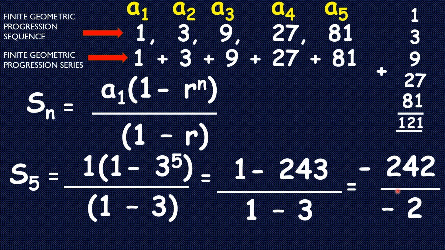So if you divide this, the negative here cancels the negative here. 2 into 2, you have 1. 2 into 4, you have 2. 2 into 2, you have 1. So you have 121, which corresponds with what we calculated above. So your sum of n terms given by this particular formula is very useful in geometric progressions.